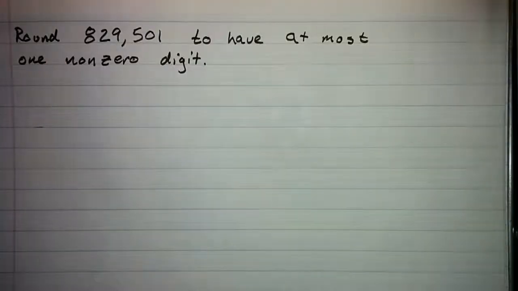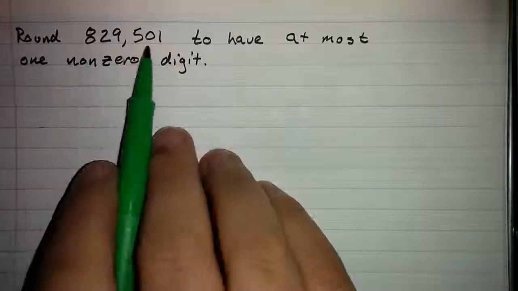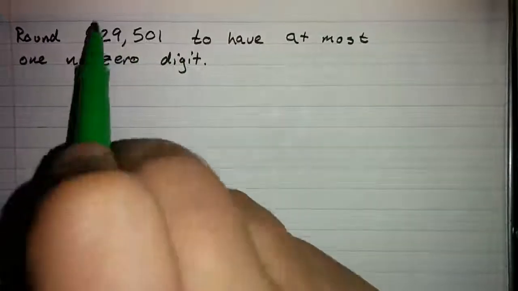Another kind of instruction that we might encounter for rounding, and one that's going to come in really handy, is to round a number so that it has at most a certain amount of information. So we might say, for example, round 829,501 to have at most one non-zero digit. Well, of course, we only get rid of digits to the right of the place where we're rounding.